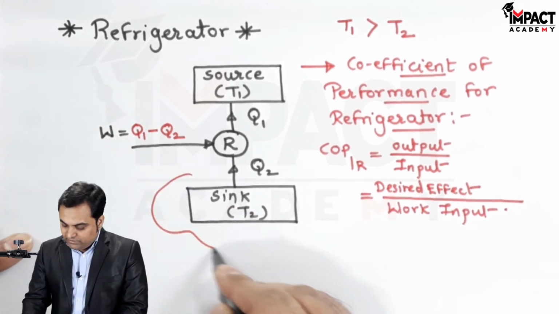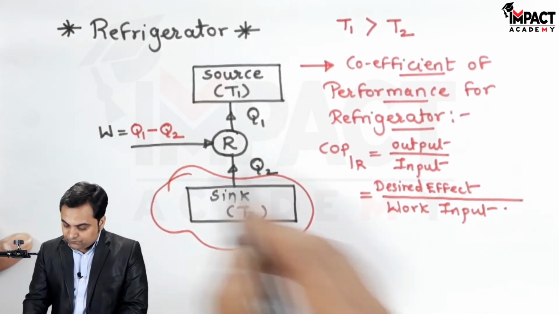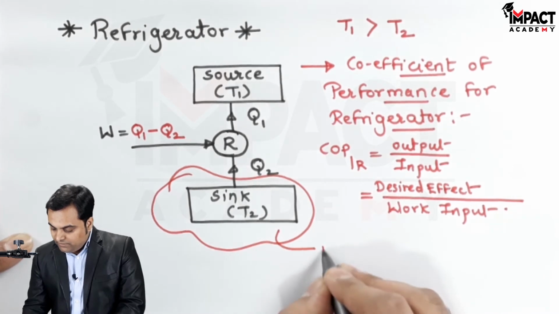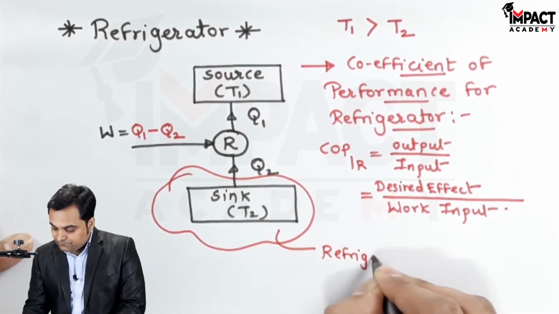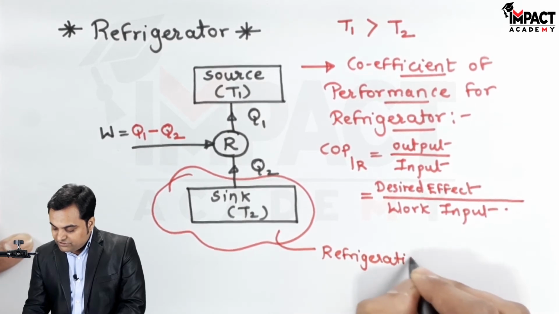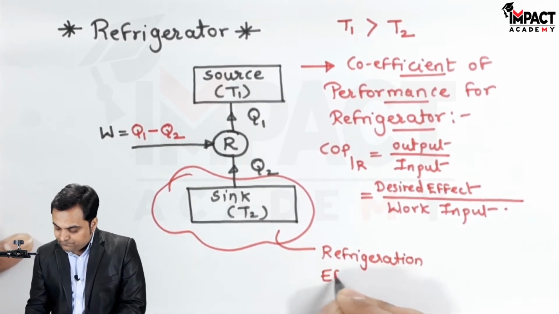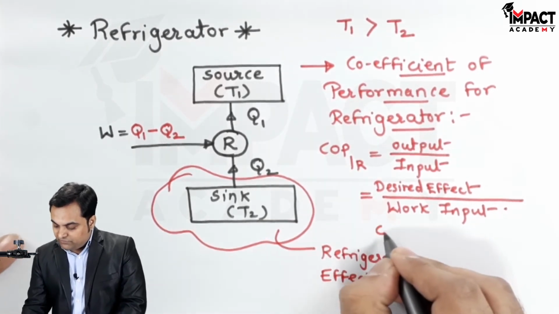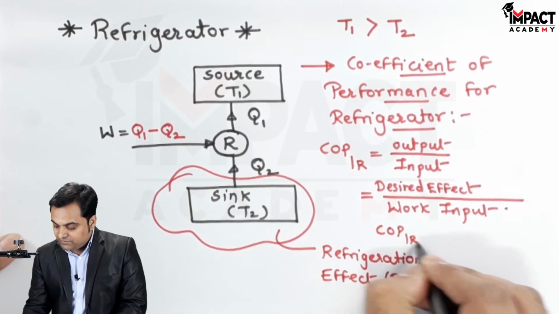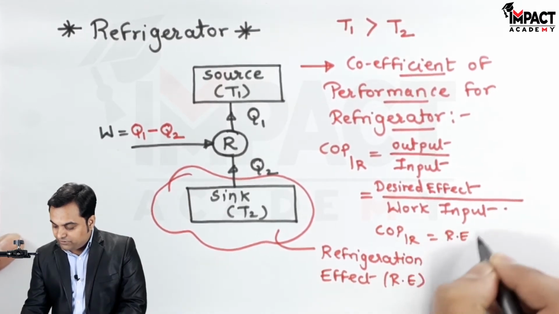So this low temperature reservoir would be observing the desired effect or the refrigeration effect. Both are the same, denoted by RE. So basically the COP of the refrigerator is refrigeration effect upon W.